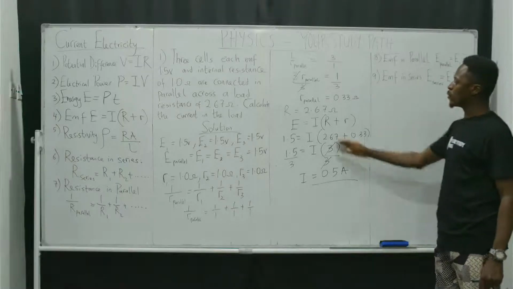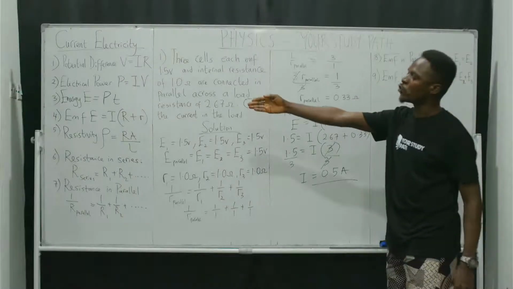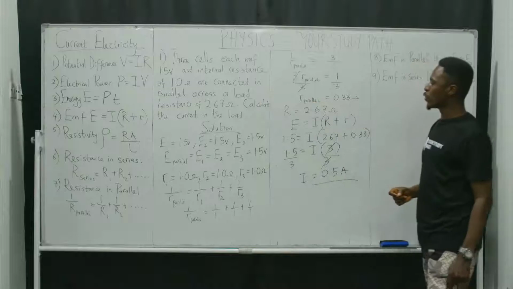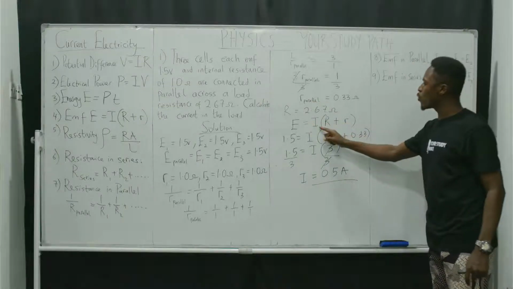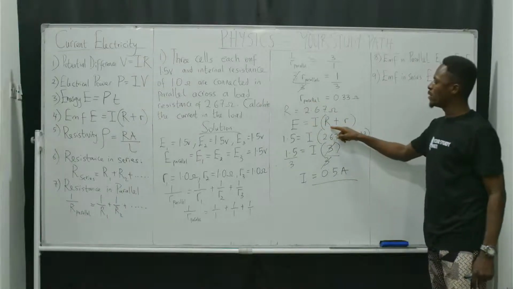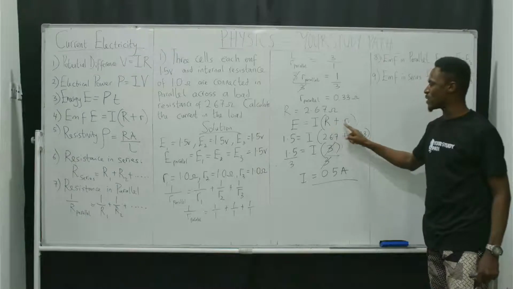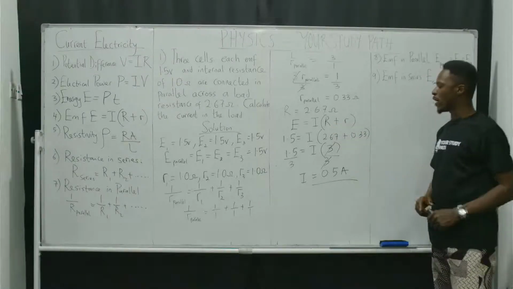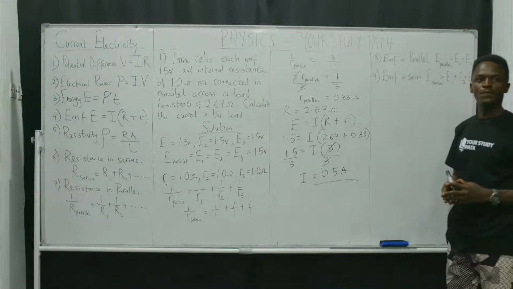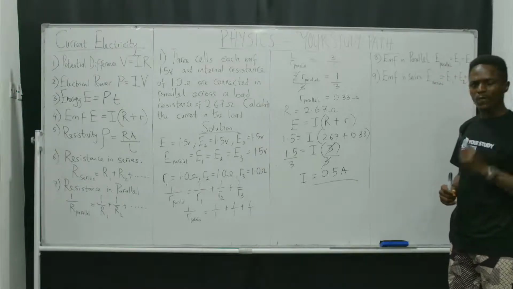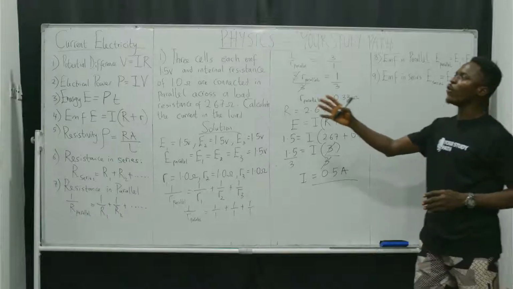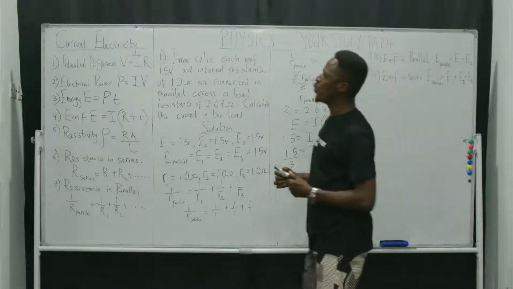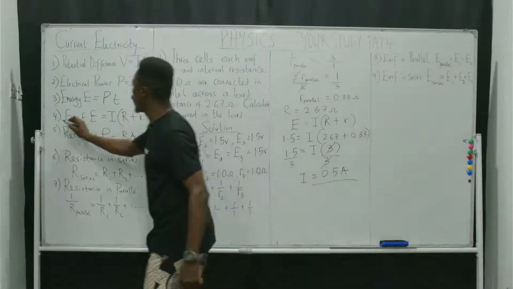Having this in place, then we use number 4 formula to get the value of the current. E is equal to current multiplied by the sum of external resistance plus internal resistance. And that's what we did to arrive at 0.5. So, observe closely. How many of the formulas on the board have we used? We're able to use number 4 formula.